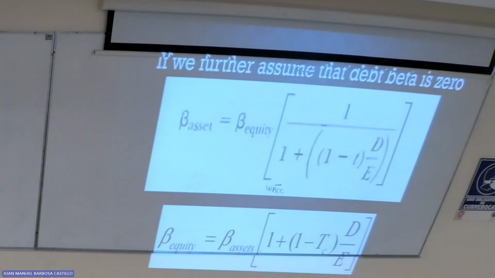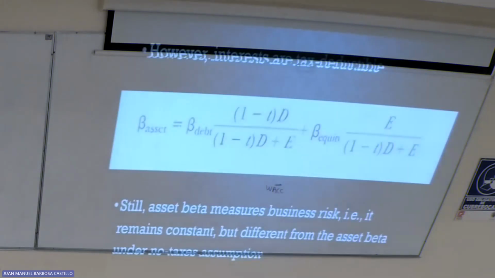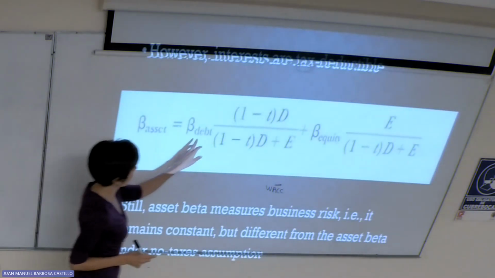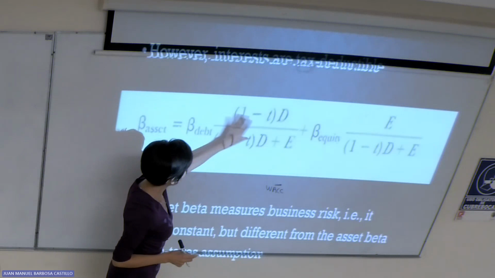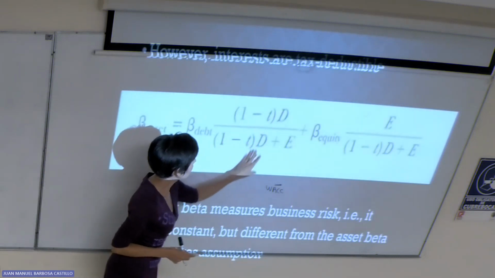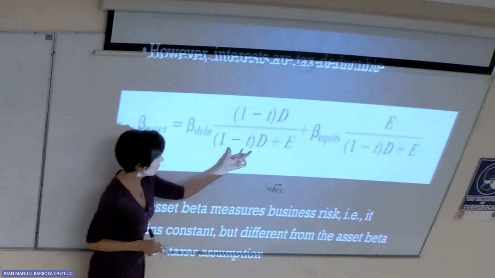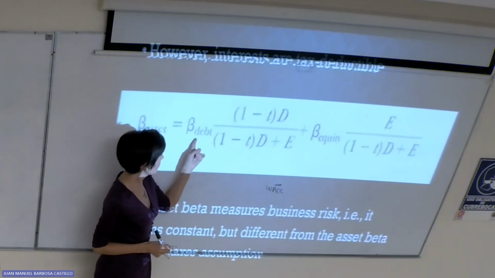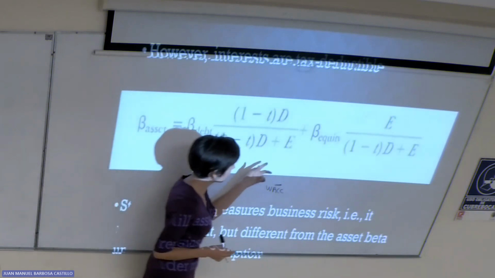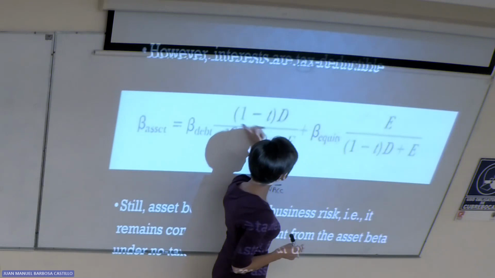What happens if we assume that the debt of the company bears no market risk? If we assume the debt of the company bears no market risk, then the first term of the asset beta, which is the proportion of the debt in the company times the market risk of the debt, disappears, becomes zero, right?